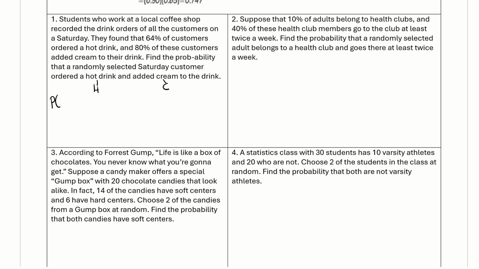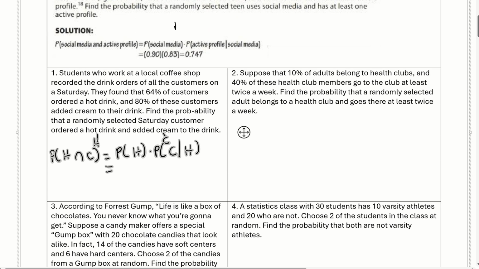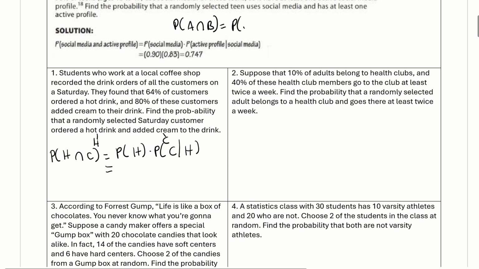So we have the probability of hot drink and cream, and according to the general multiplication rule, you multiply the two probabilities with the conditional for the second one, given H. So the general rule, which I'll write down here, is P of A and B equals P of A times P of B given A.